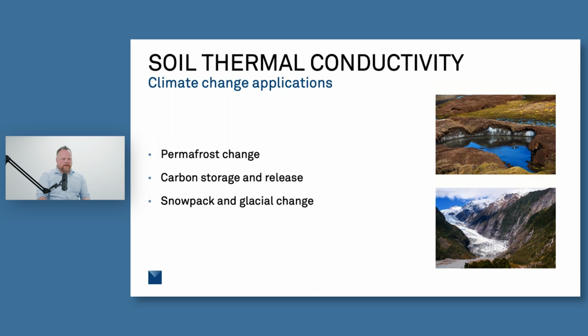So we're seeing more bare ground, more stone, and things like that are going to increase the heat in those local areas, which is going to just worsen that problem that we're seeing with the snowpack and glacial removal.